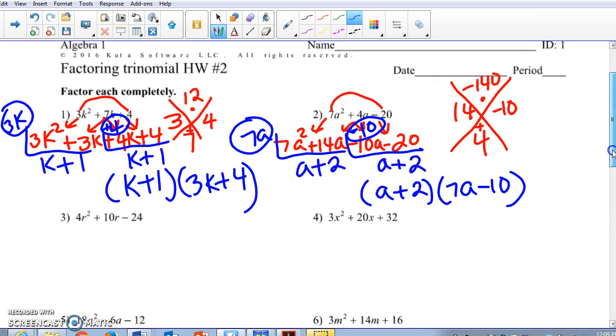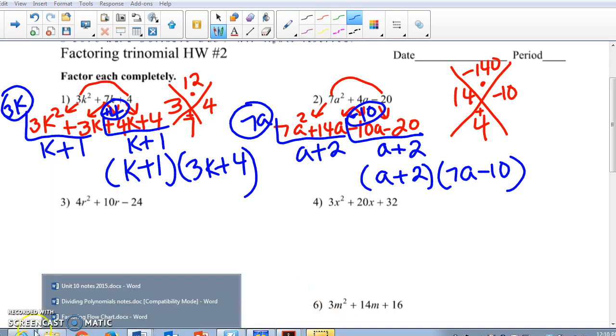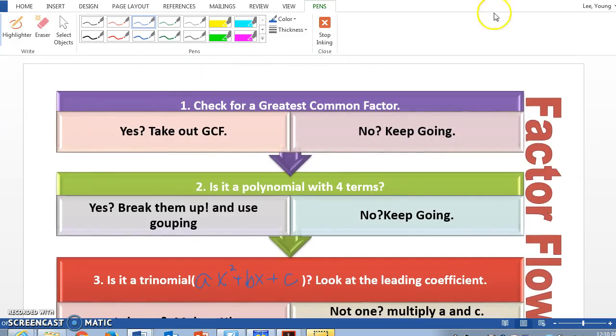Now, let's take a look at the next question. It looks a little bit different. 4r squared plus 10r minus 24. This one is a little bit interesting because, remember, if you look at the flow chart, the first thing we need to check for is the greatest common factor.